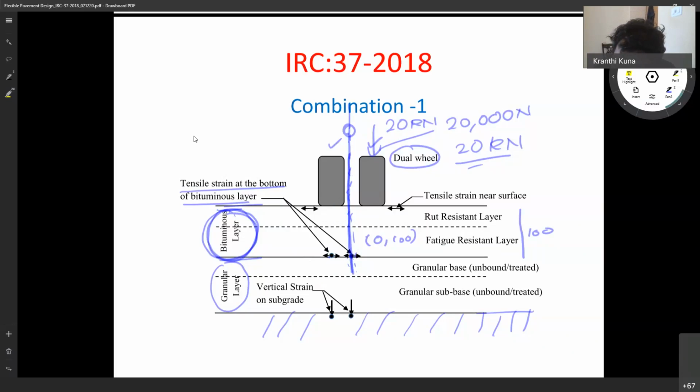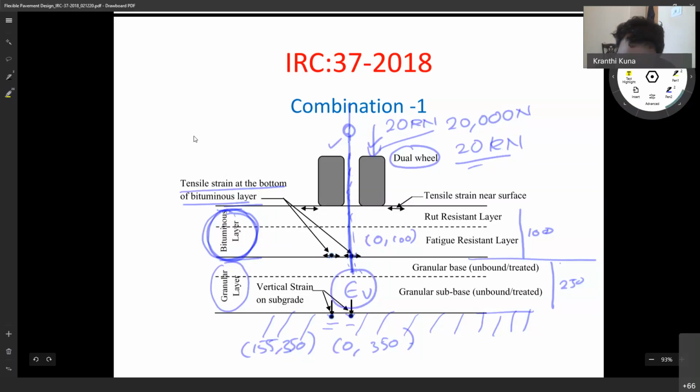For that rating model as well, say for example, if it is 250 at 0, then 250 plus 100, because Z is the entire depth, isn't it? 250 plus 100, which is 350 mm, and 155 comma at 350. At these two locations we'll find out epsilon V, and again we input the maximum compressive strain value into our rutting model, and we get the NR value.